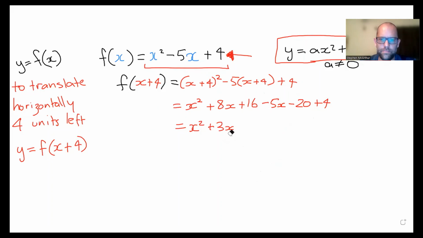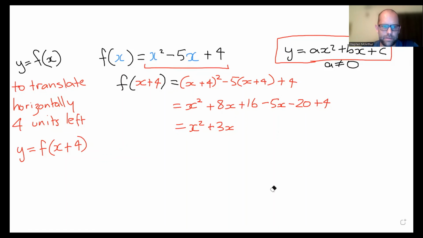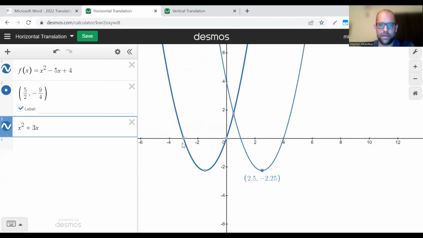Okay. x squared plus 3x. Let's check that. 16, take 20, negative 4 plus 4. Yeah, it is 0. All right, great. Let's go back to Desmos and get rid of plus h. There we go. That's better.